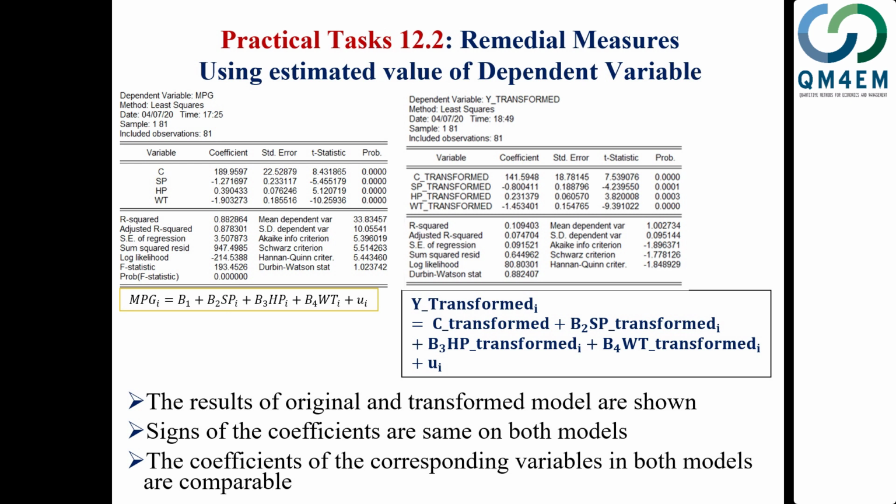We were also interested in whether the transformed model is now homoscedastic or still heteroscedastic. So let me go back to the original data, and now let me go back to EViews and apply the test.